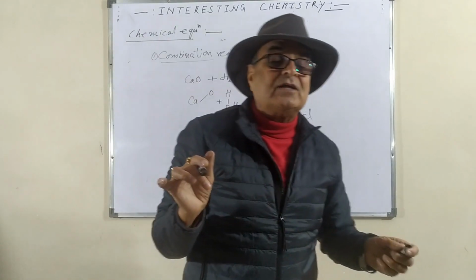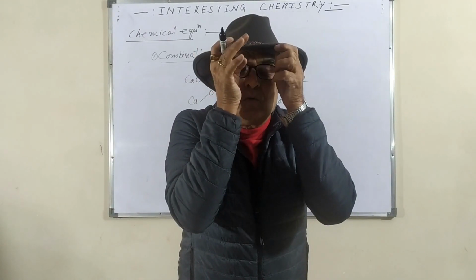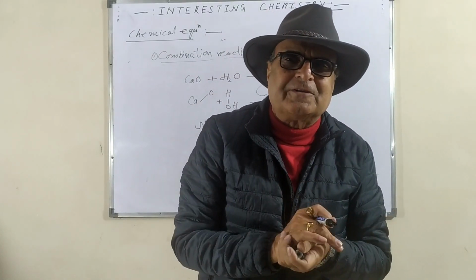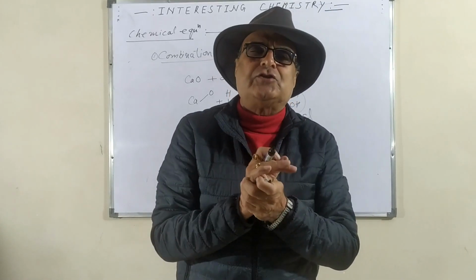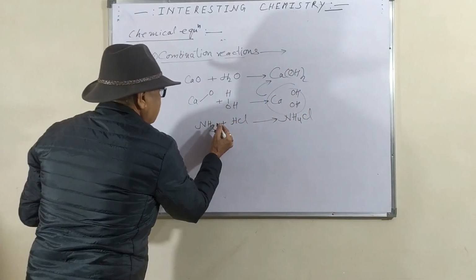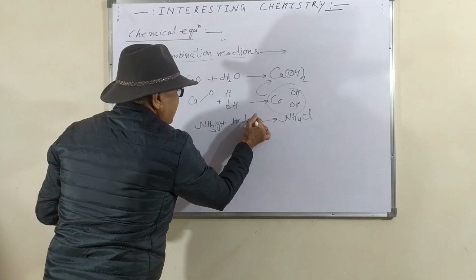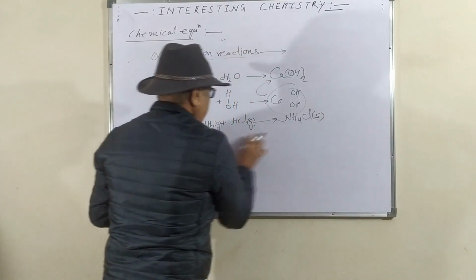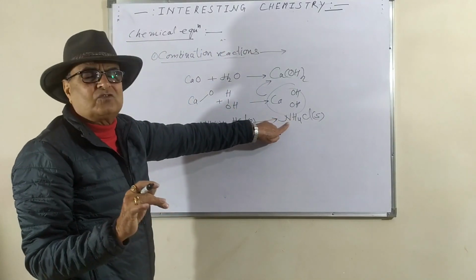Suppose I ask you to give an example of two gases reacting with each other to form a solid. These both are gases: NH3 gas, HCl gas, and this is the solid. This is the example of two gases reacting to form a solid.